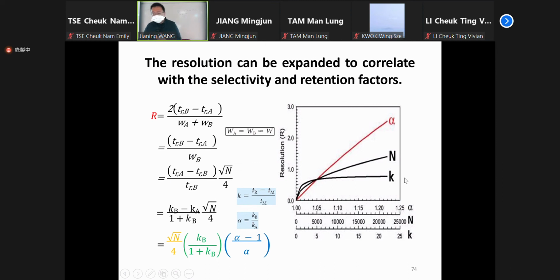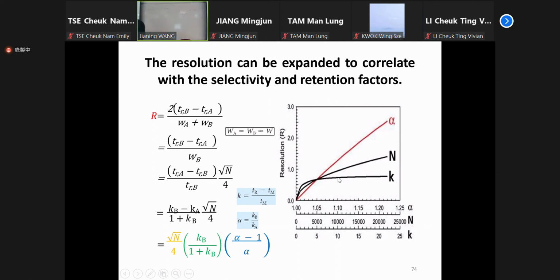So usually, when we develop a method, we limit k smaller than 10. We don't like too big k. One reason is it will contribute to the resolution just a little.